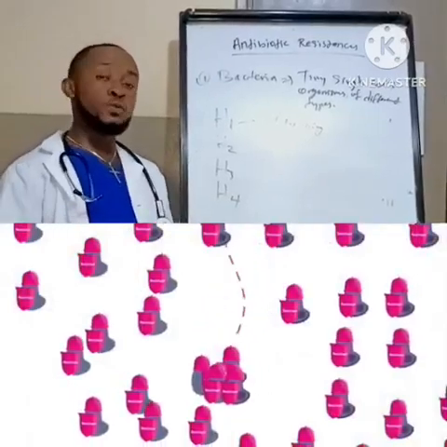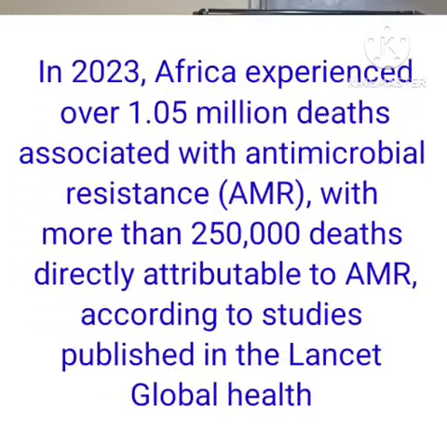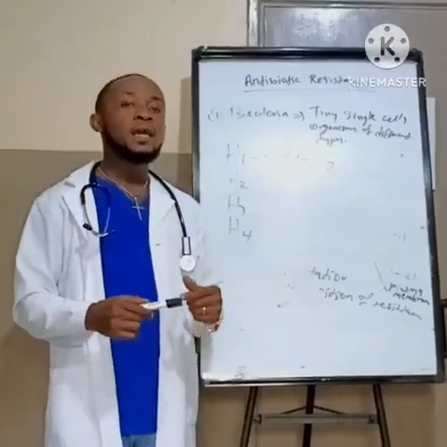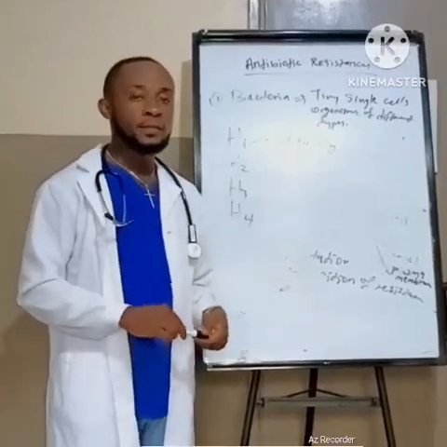So you will notice that globally, a lot of people on a yearly basis die from antibiotic resistance. In America, even in Liberia, a lot of people die from antibiotic resistance. So let's avoid taking antibiotics unnecessarily.